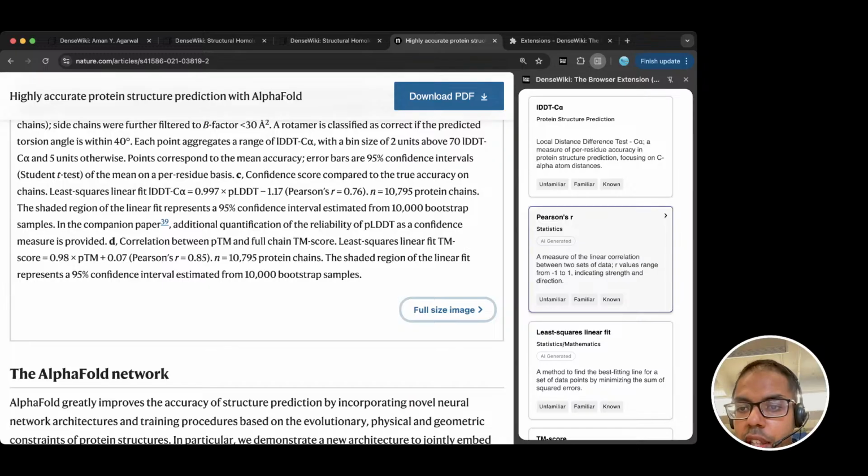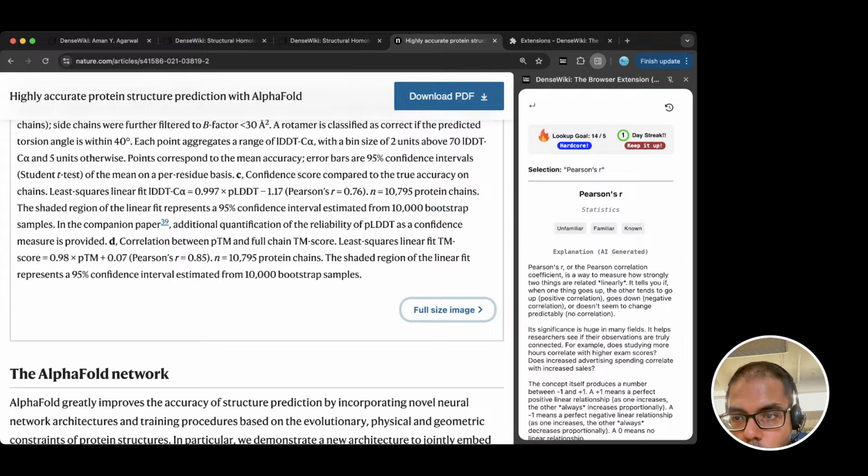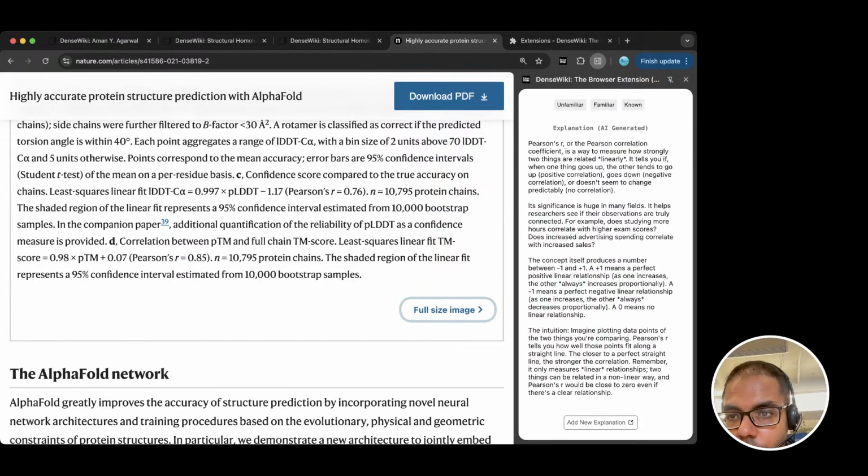It's a measure of the linear correlation between two sets of data. Pearson correlation coefficient: how strongly two things are related linearly. If one thing goes up, the other goes up.